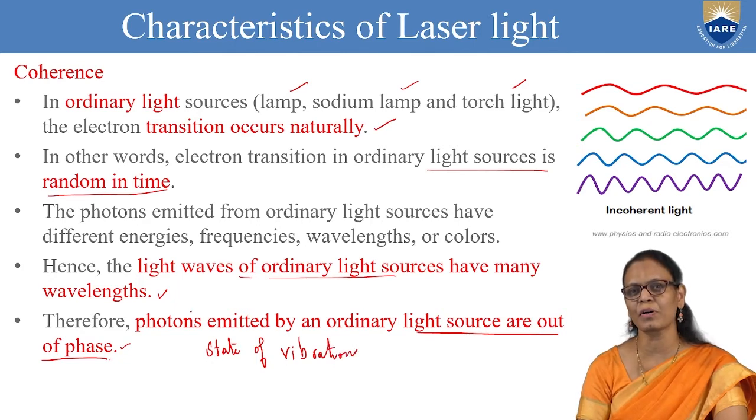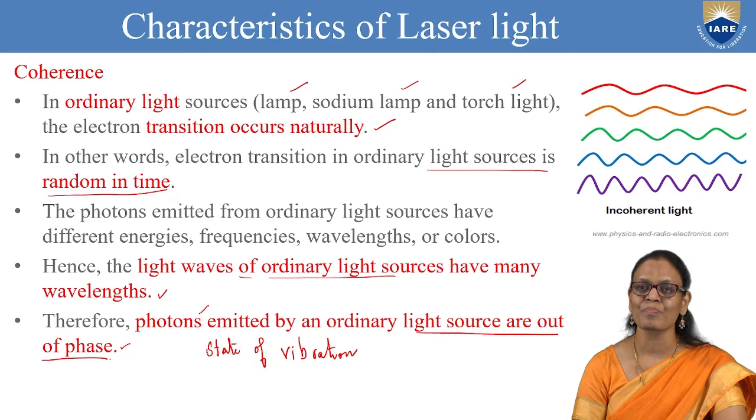Whenever we are talking about these photons, if the photons that are emitted have the same phase of vibration, then they are coherent. And if they are not in the same phase, then we say they are incoherent. So ordinary light, because it is not in the same phase, is not coherent.